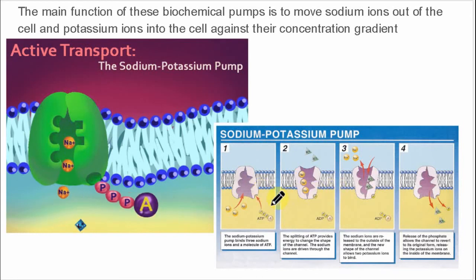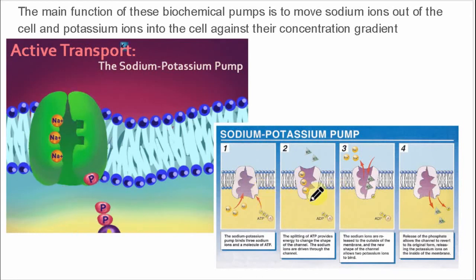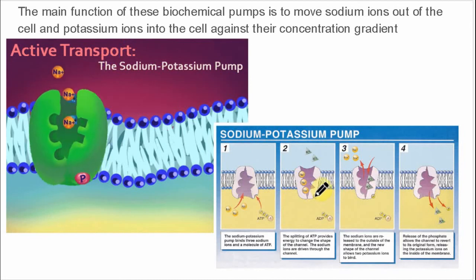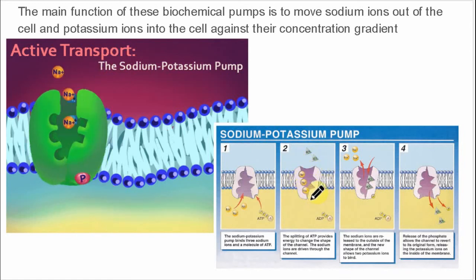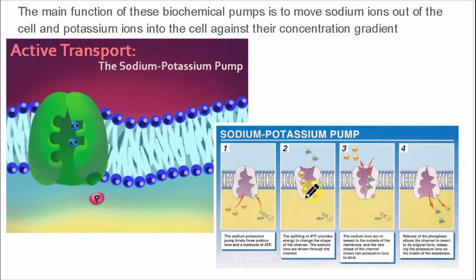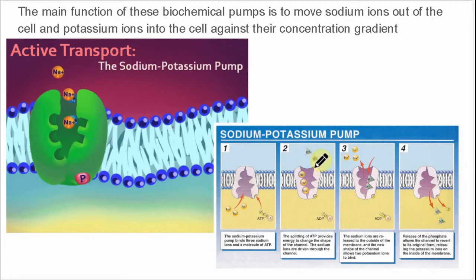It will undergo hydrolysis, and this phosphate linkage will cause a conformational change in the protein, sodium potassium ATPase, and the inner opening will be closed, and there will be an opening towards the outside.